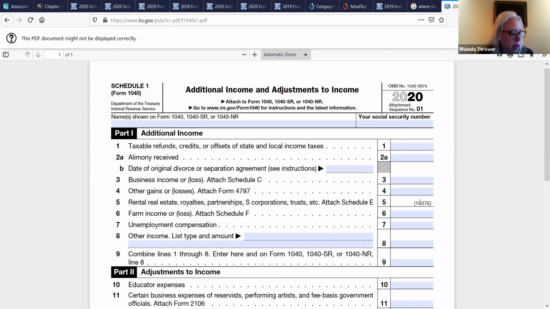And that 16,076 as a loss will also feed down here on line 9. And this amount is going to feed back into your 1040 form.